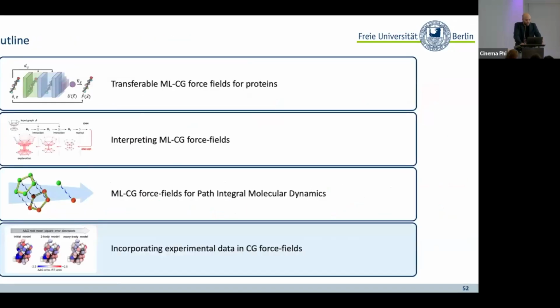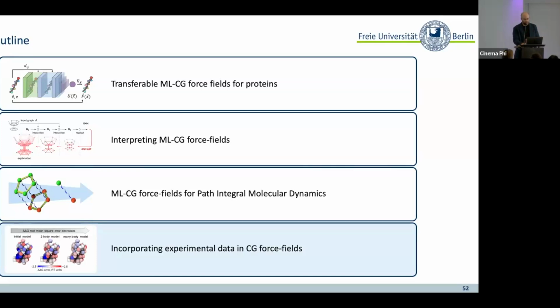And so with that, we concluded the bottom-up perspectives, because also in the case of this path integral formalism, we use a bottom-up approach in a sense, and we move to the top-down perspective. So we want to understand how important multi-body terms are for a coarse-graining model in order to reproduce some observables.